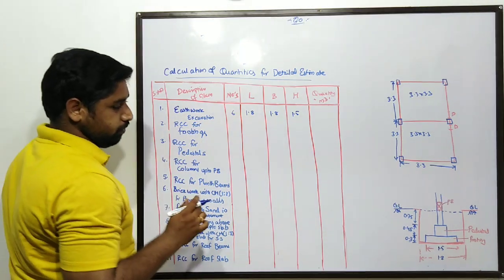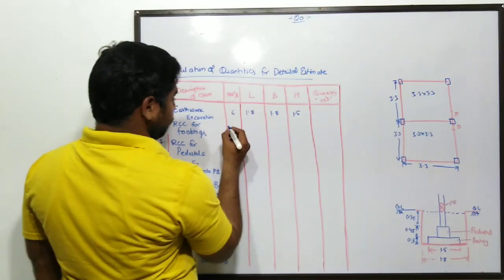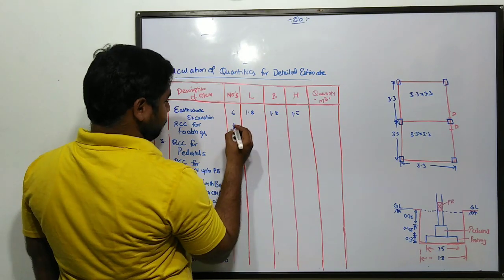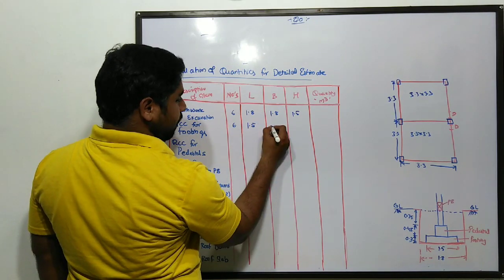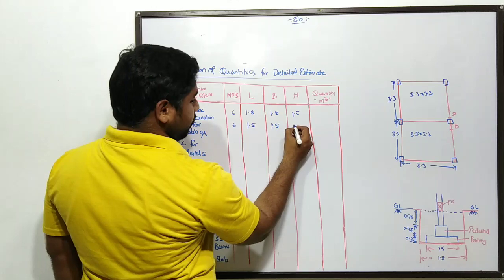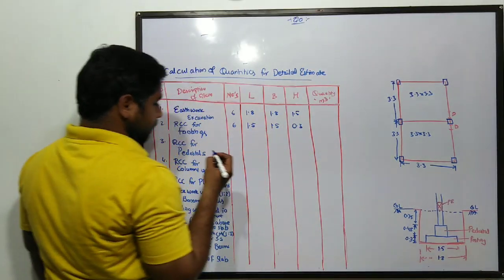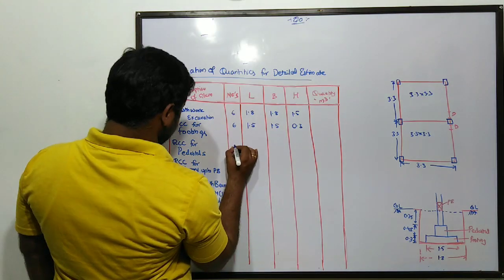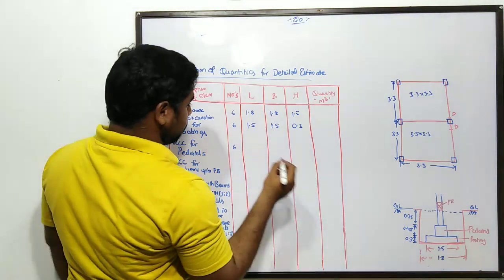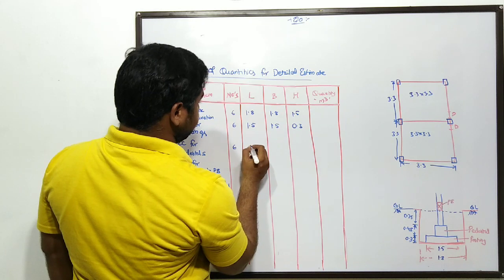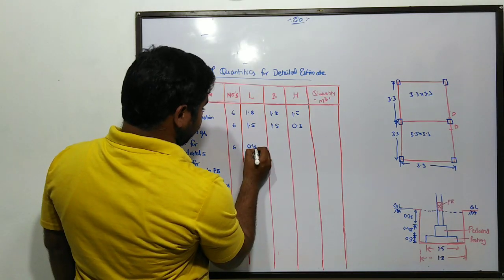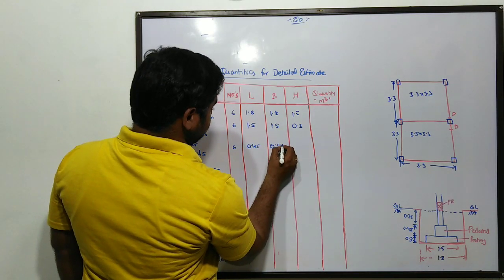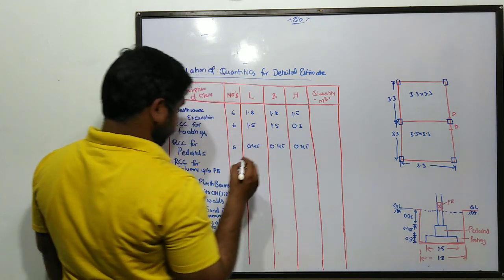Similarly, RCC for footings. This is also for 6 numbers. Length is 1.5 meter, breadth is 1.5 meter, height is 0.3 meter. Next, RCC for pedestals. Pedestals also 6 numbers, with length 0.45, breadth 0.45 and height 0.45.